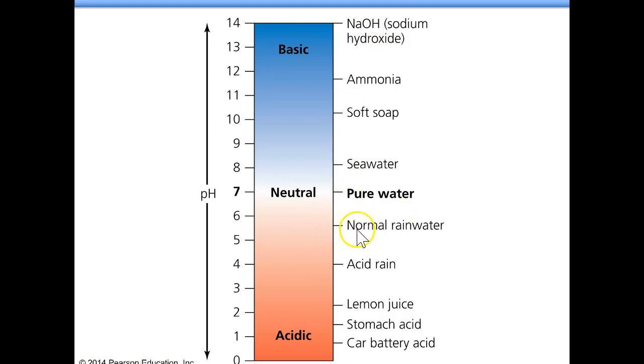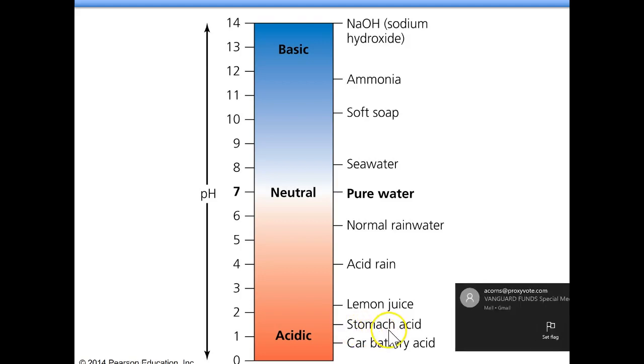Okay, on the other end of the scale, normal rainwater has an acidic pH, and yet acid rain, and that's rain with pollution, has an even stronger pH of 4. Lemon juice is down around 2.5, and stomach acid, really strong.